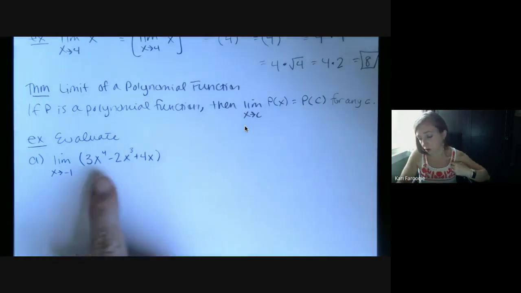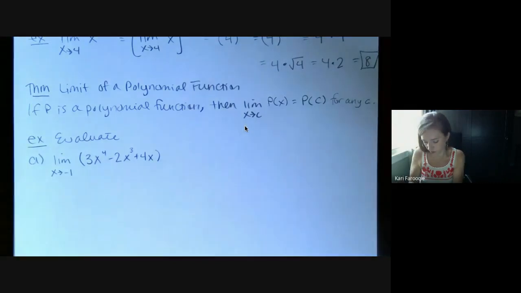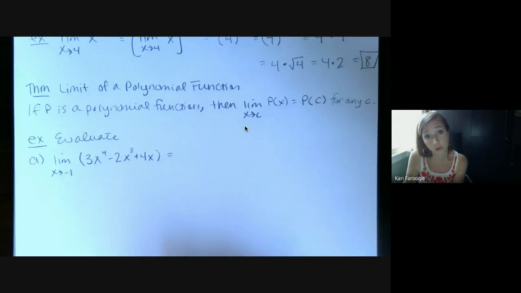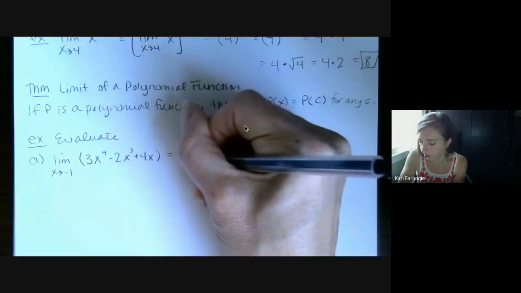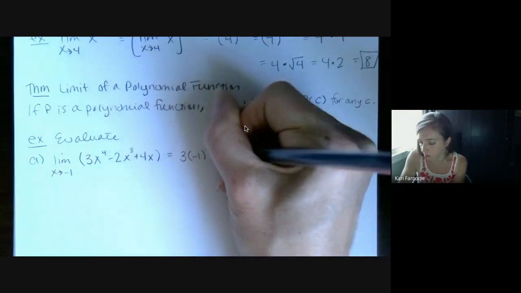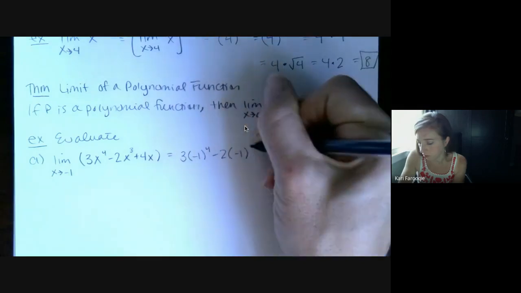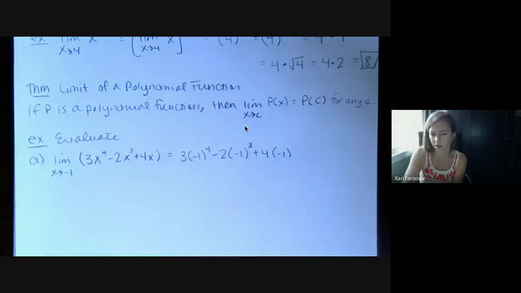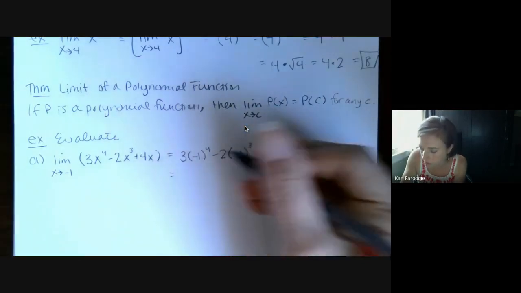And this is a polynomial function. So I can go ahead and just evaluate this for x equals -1. So we're going to write this as 3 times -1 to the 4th minus 2 times -1 cubed plus 4 times -1. And you guys evaluated a bunch of functions on your pre-calc WebAssign homework. If you want to plug that into your calculator, be my guest. You really shouldn't need to.